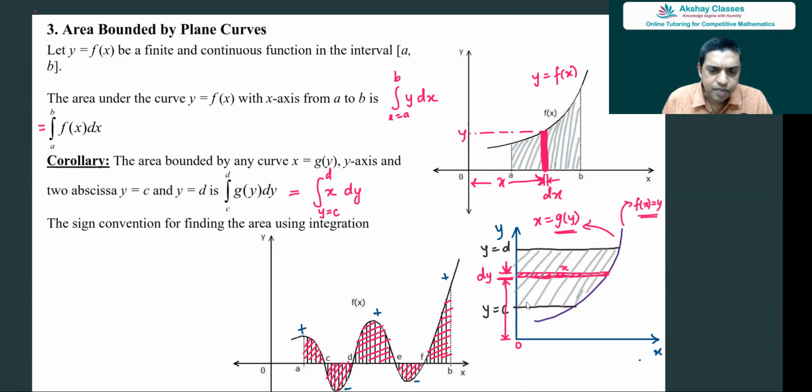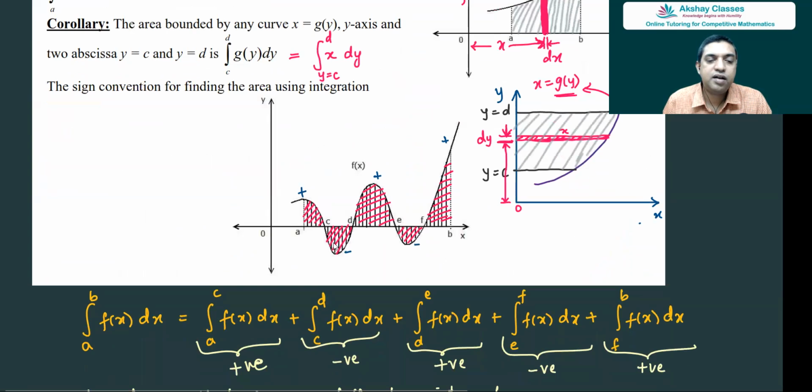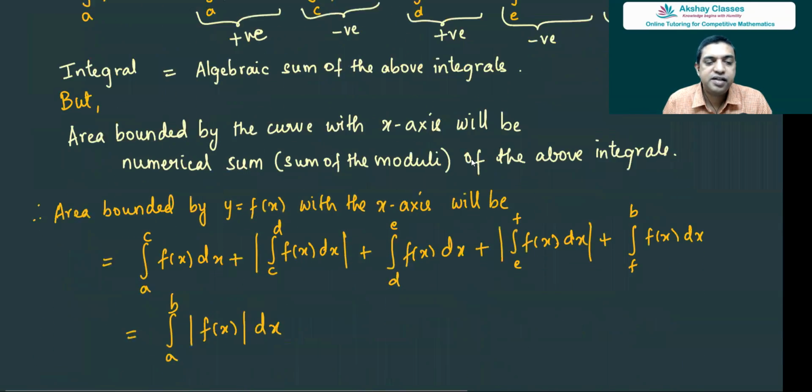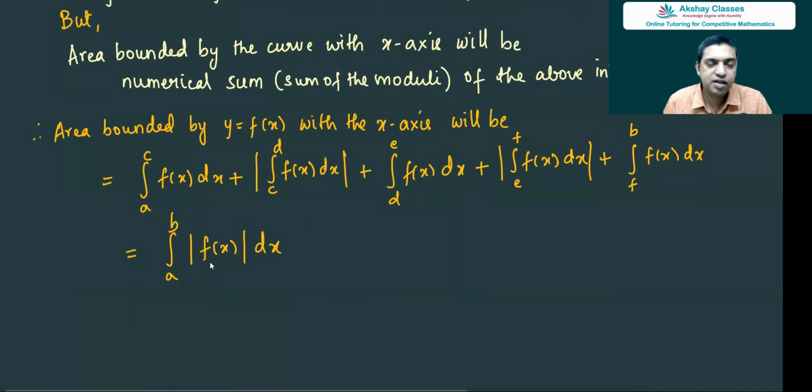Now, the area bounded by the curve with the y-axis from y equal to c to y equal to d is integral of x dy, or g of y dy, from y equal to c to y equal to d. When the curve changes sign, it is best to just take the modulus of the function f of x integrated from whichever point to whichever point we require with respect to x.